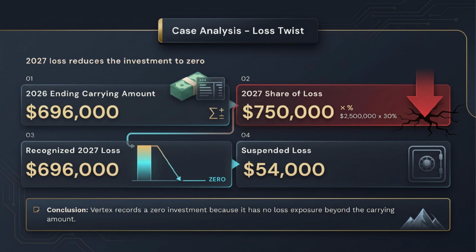Vertex's 30% share is $750,000. That exceeds the $696,000 carrying amount. Vertex recognizes $696,000 of loss to reduce the investment to zero. The remaining $54,000 is suspended. No negative investment is recorded because Vertex has no guarantees, loans, or other exposures stated in the case.